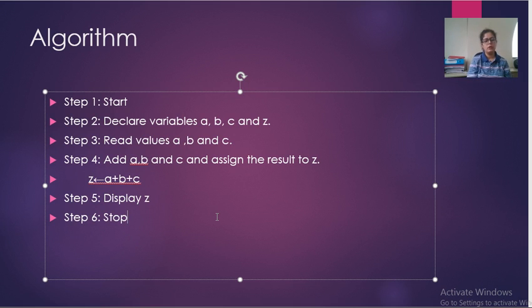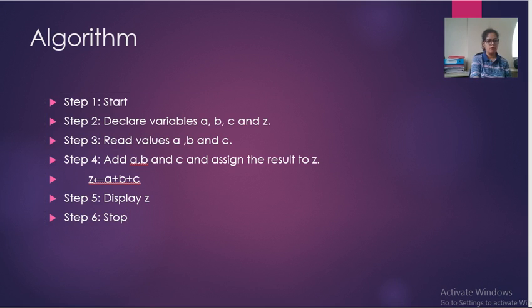Here I have taken an example of addition of three numbers by declaring variables A, B, C, and the Z variable is used to store the sum of all three numbers. In this way you can write an algorithm for any problem. With this we have completed this session. Tomorrow we will start with the next topic of this unit. That's all for today.